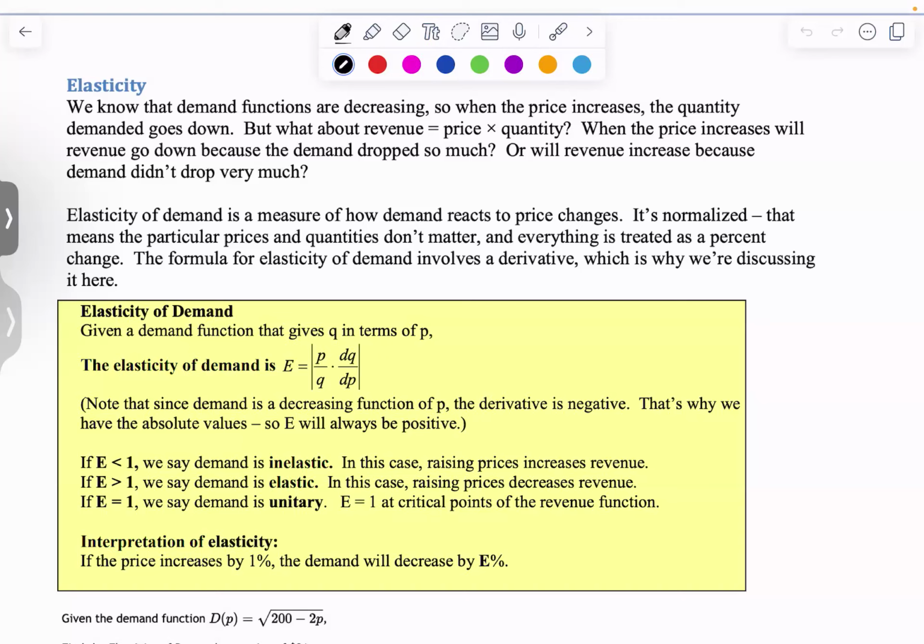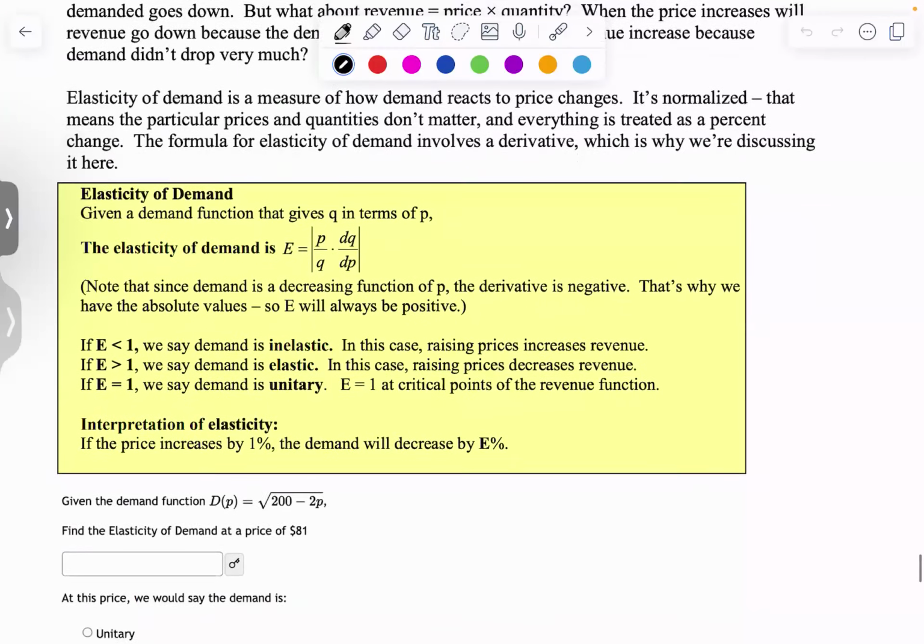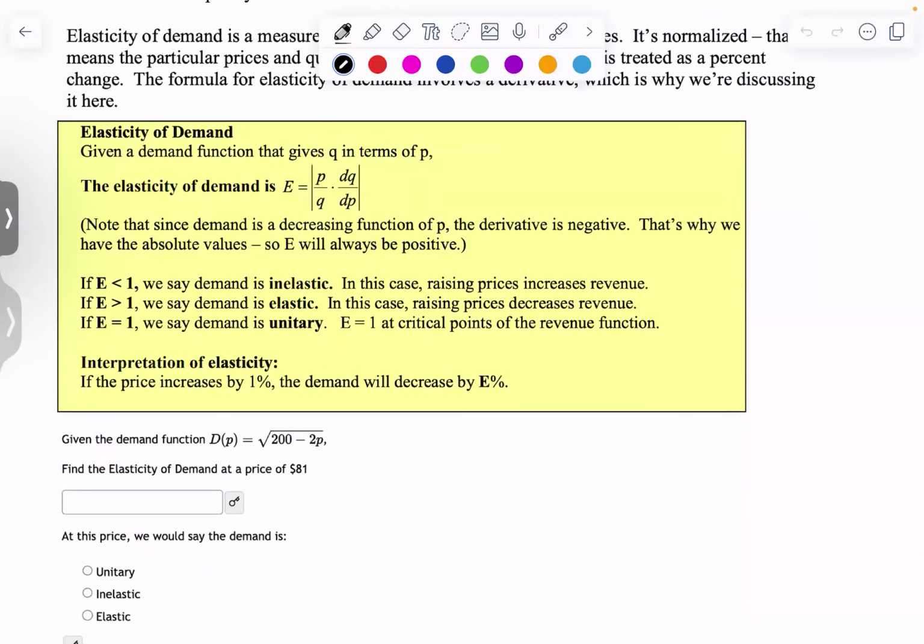Elasticity of demand is a measure of how demand reacts to price changes. It's normalized, and that means basically it all breaks down to a percent. And our big piece here is this formula. This is our big one.